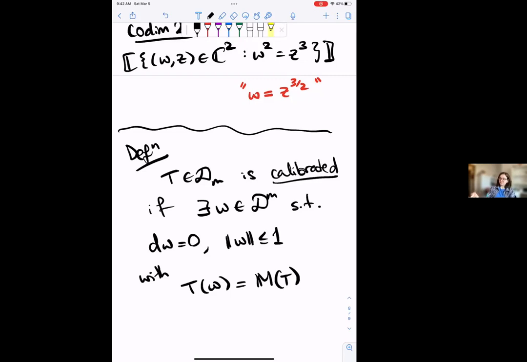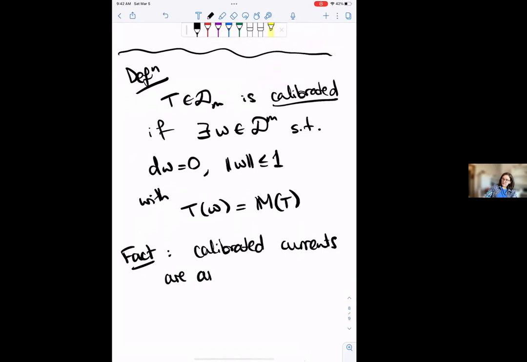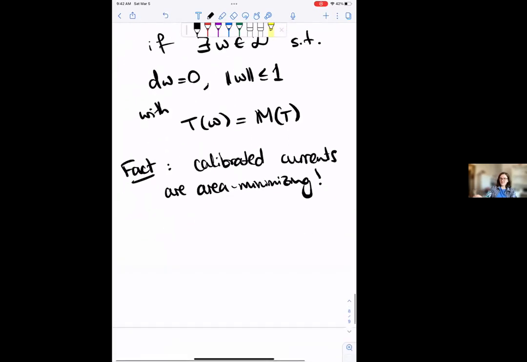And it turns out that calibrated currents are area minimizing. And this is really a one-line proof. Why is this the case? Well, you have the mass of your current, which is this current tested against this particular m-form, this calibration.